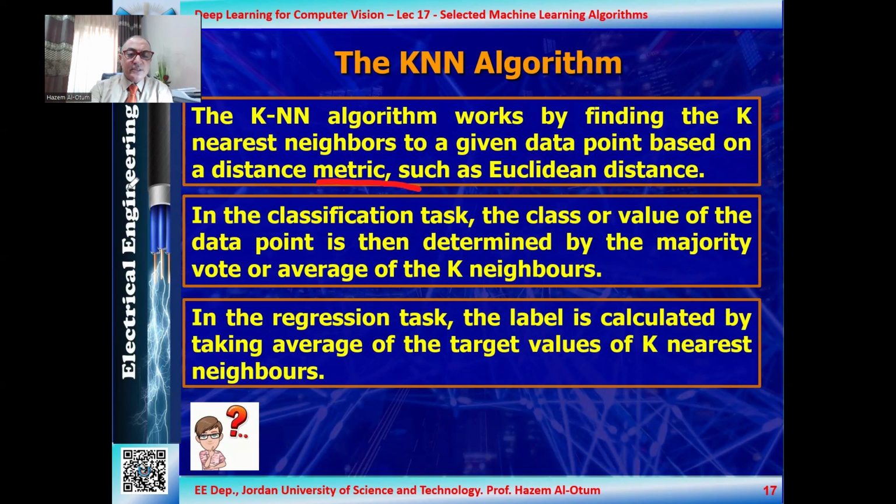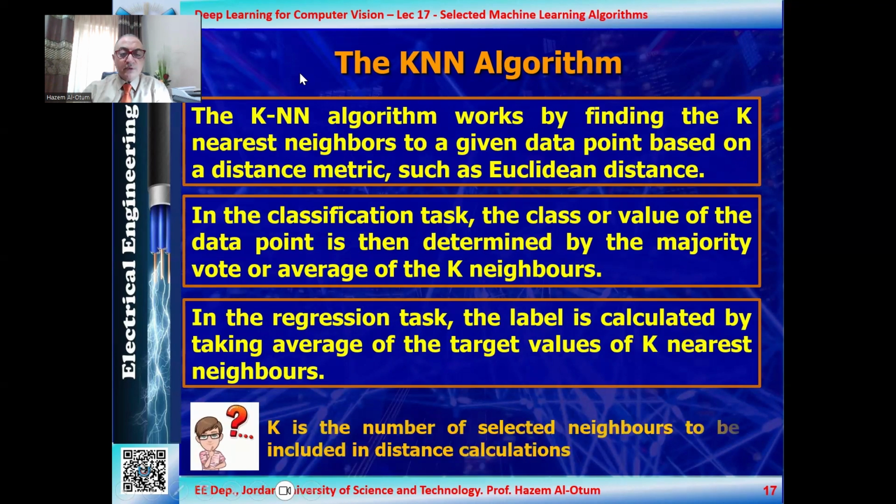If we have a classification task, we can use either the majority vote or the average, while in the case of regression, we always deal with the average of the target of the k nearest neighbors. This is very important to distinguish between the two types of tasks.